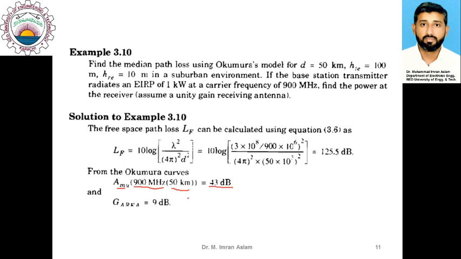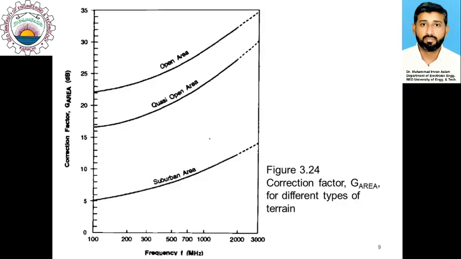The third thing that we need to calculate is the effect of terrain or area. This also needs to be calculated from Okumura's curves. If we go back to the Okumura curve for the suburban environment, this is the curve here. Again, you have to locate the frequency, which is 900 megahertz. It could be somewhere here.